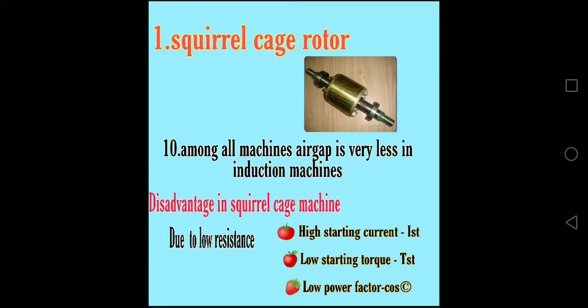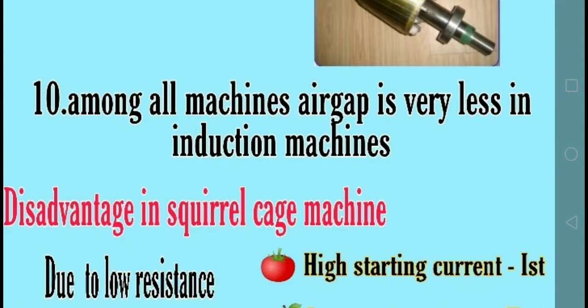Because of low resistance, there are three disadvantages: high starting current, I_ST proportional to V by R2, where R2 means rotor resistance; low starting torque, T_ST proportional to R2; and low power factor, cos phi proportional to R2 by Z. These can be overcome by the skewed rotor method or the double cage rotor method.